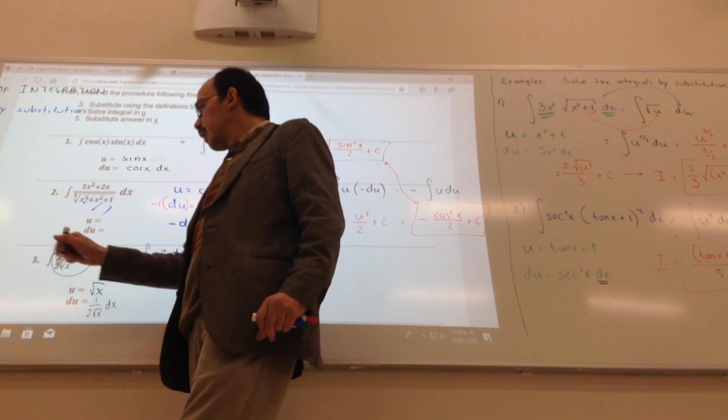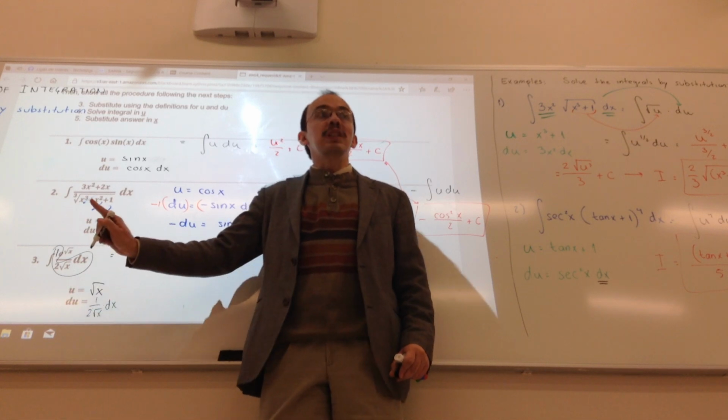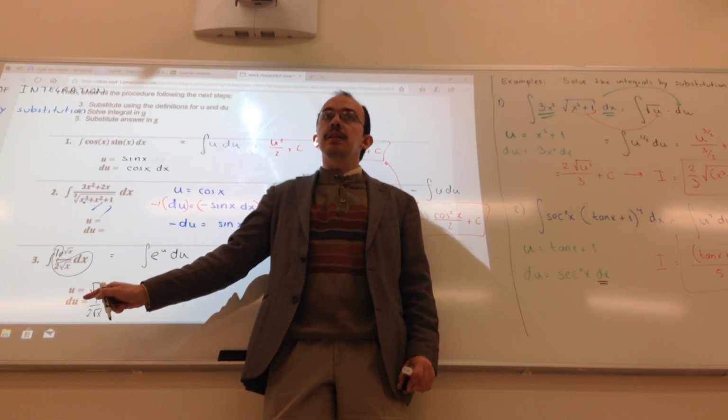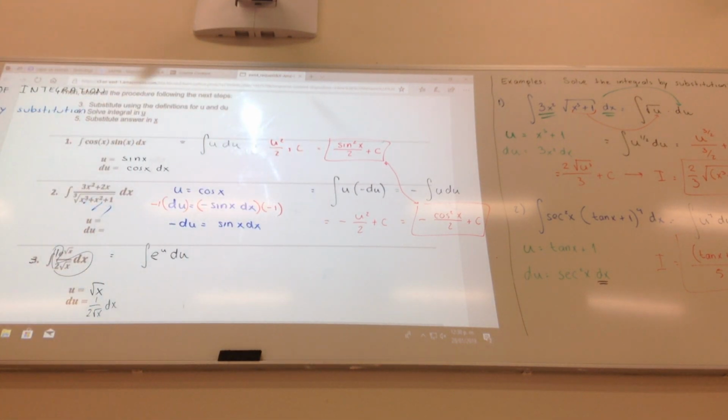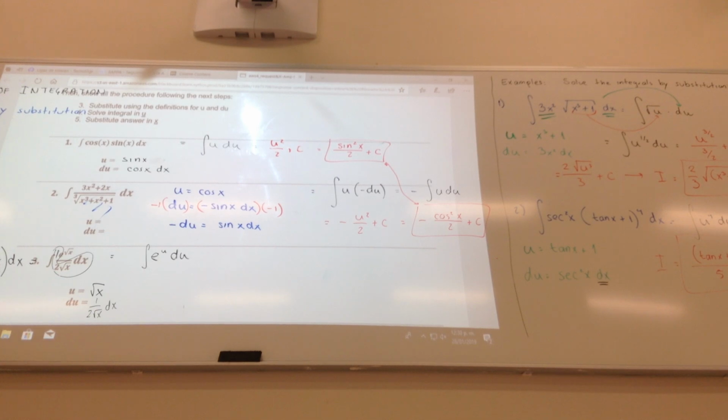All of this is du. Multiplying, not dividing. I'll rewrite it for you. If I rewrite this one, can I put it like this? Is it the same thing? Yes. If I have this or I have that, is it the same thing? So, e to the u times du.